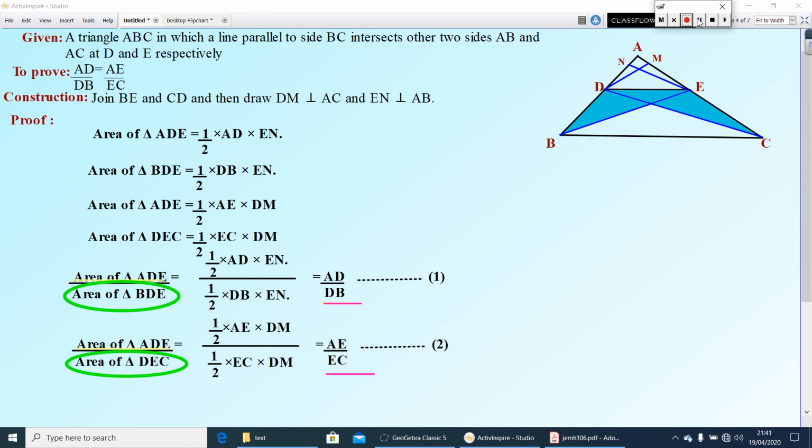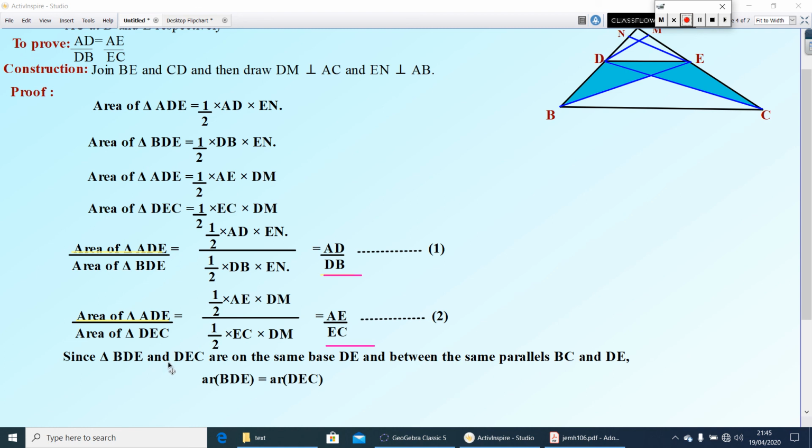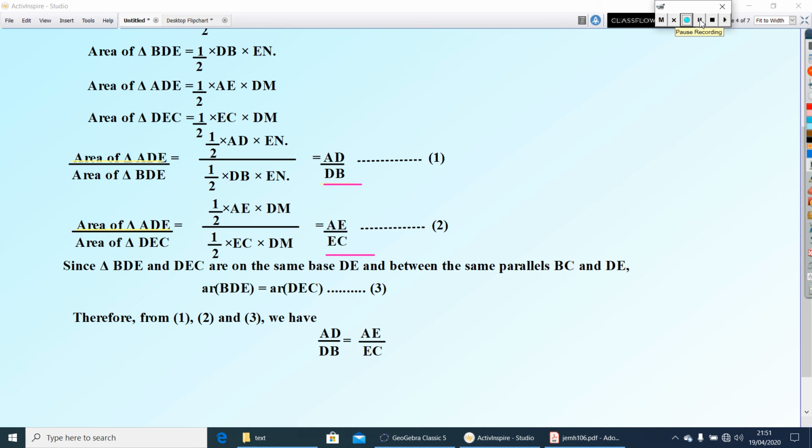We can write it as: since triangle BDE and triangle DEC are on the same base DE and between the same parallels BC and DE, area of BDE is equal to area of DEC. This equation we take as equation 3. Therefore, from 1, 2 and 3, we have AD by DB is equal to AE by EC. Hence, the theorem is proved.